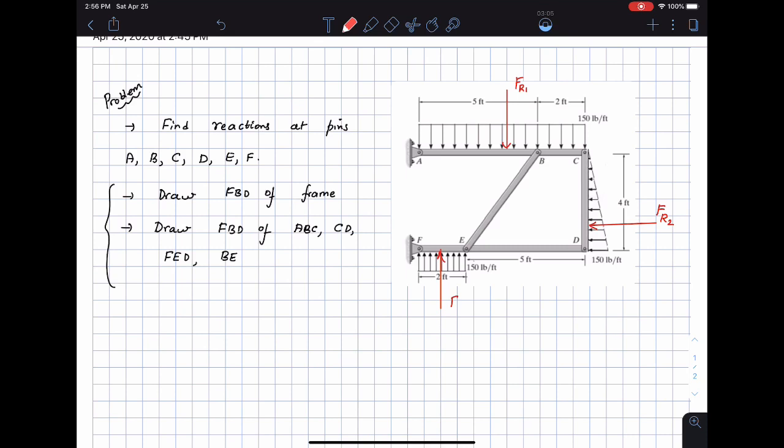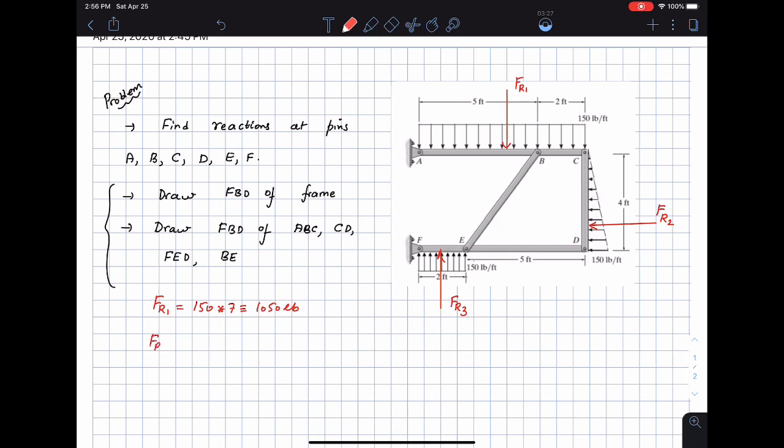It's quite obvious to see that the force FR1 is going to be the area under the distributed loading, which is 150 times 5 plus 2, 7 feet. So this is going to be 150 times 7, or 1050 pounds.